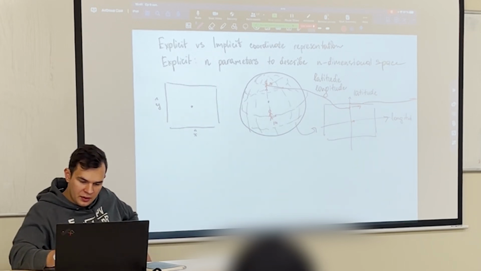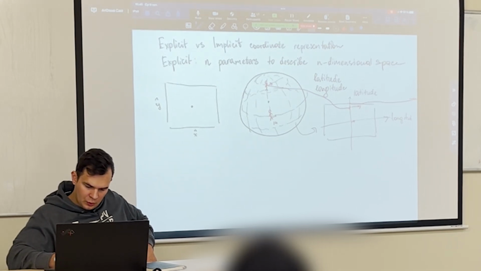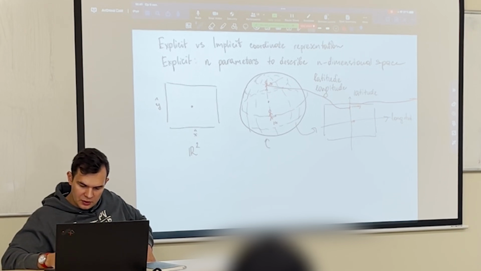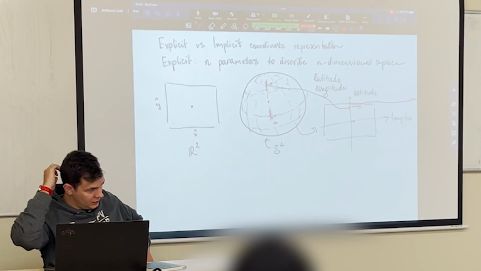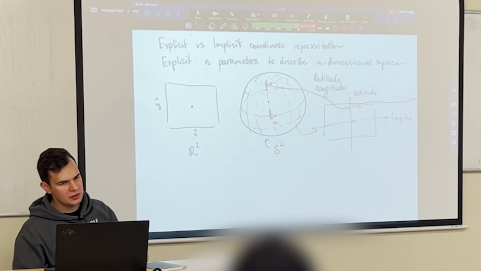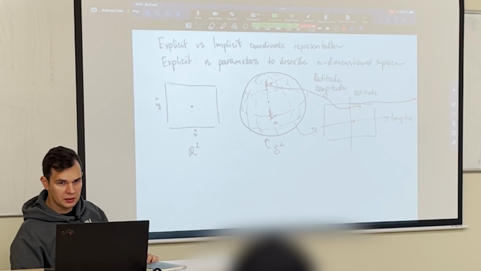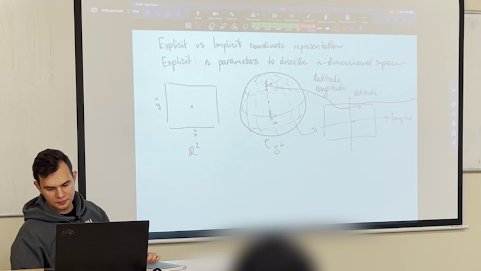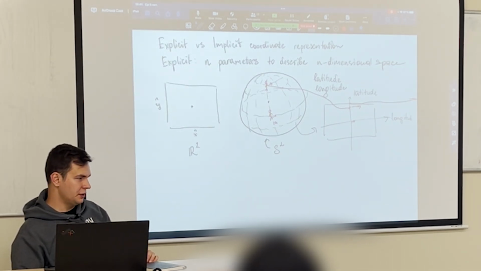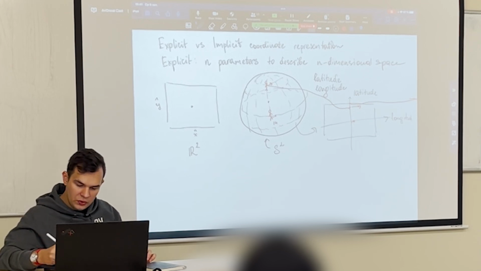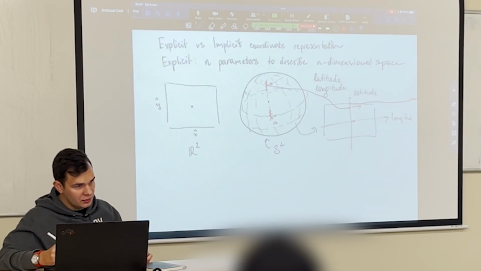It happens since we have different topology. The planar case is called R2, and for the sphere it's called S2. So we have different topologies, and the first chapter in the Modern Robotics book describes this concept. In order to get rid of this, we use not 2 coordinates, but 3, right?